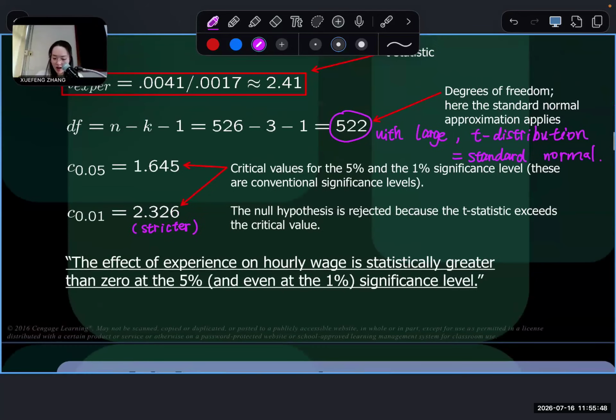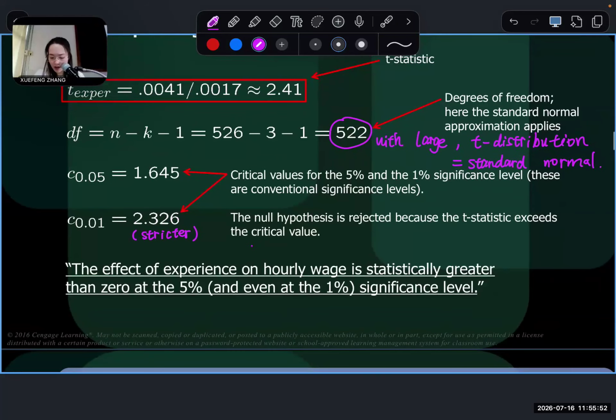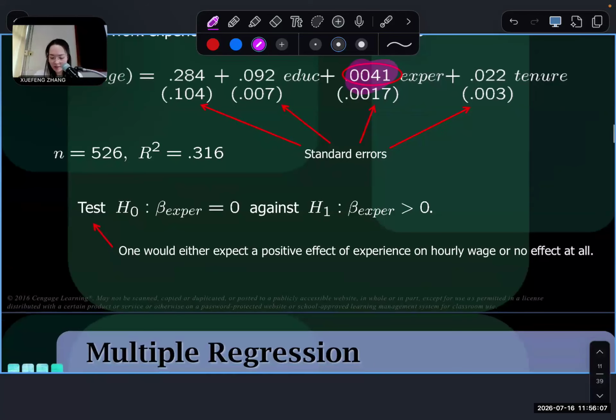Because our t ratio is 2.41, greater than 2.326, the critical value at 1%, basically we can reject our H0. That means beta experience is greater than 0, not equal to 0, okay?